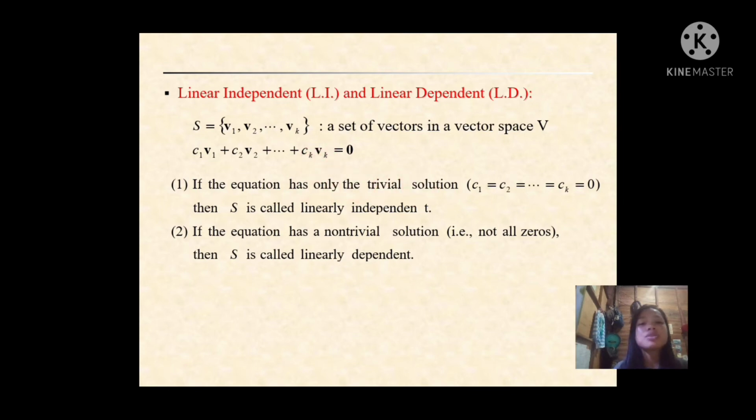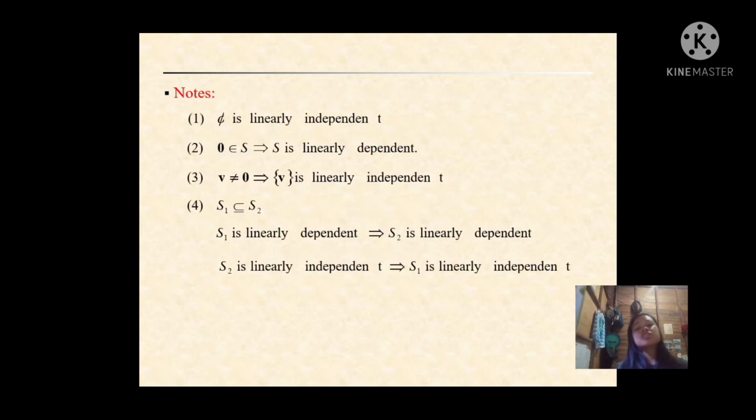If the equation has only the trivial solution, C sub 1 equal to C sub 2 equal to up to C sub k equal to 0, then S is called linearly independent. If the equation has a non-trivial solution, in other words, not all zeros, then S is called linearly dependent. What is a non-trivial solution? It means it has many solutions.